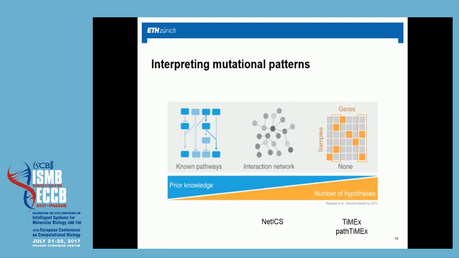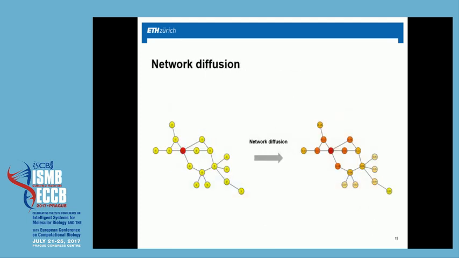So I will focus then on the middle ground here, using interactions, and I want to talk about this Netix method. So we're using network diffusion in order to propagate what you find from the primary genetic alterations. And as you know, the basic idea of this is kind of simple. So you have such a network, maybe a protein-protein interaction network, and you map onto this network the genetic alterations that you find.